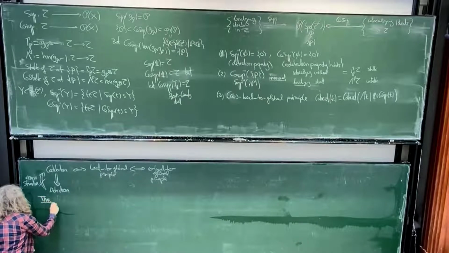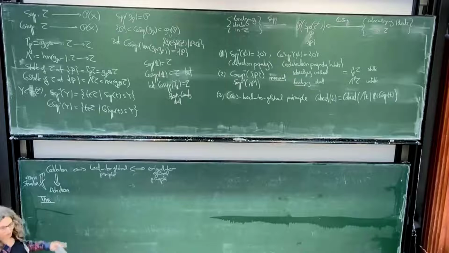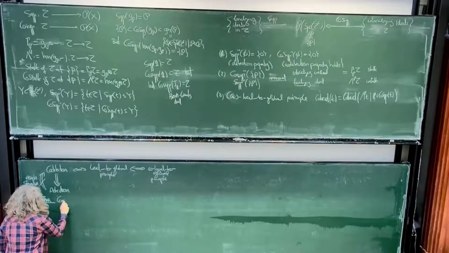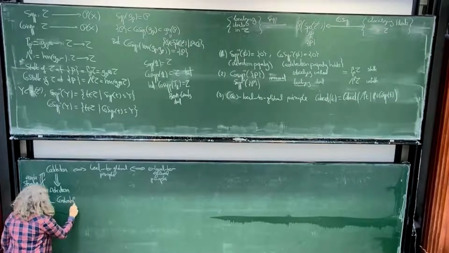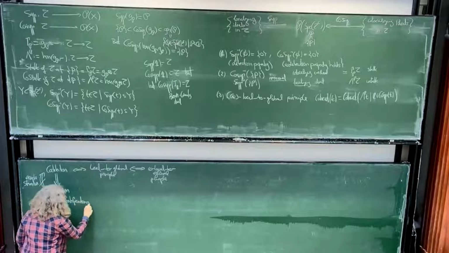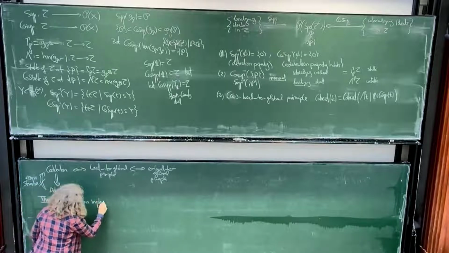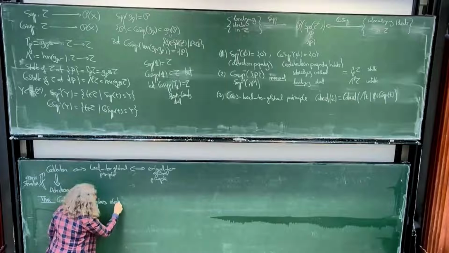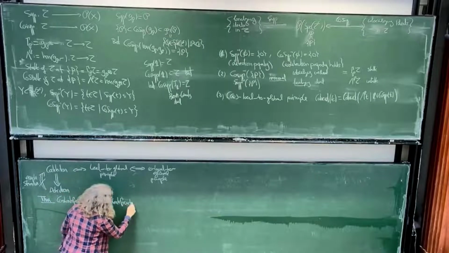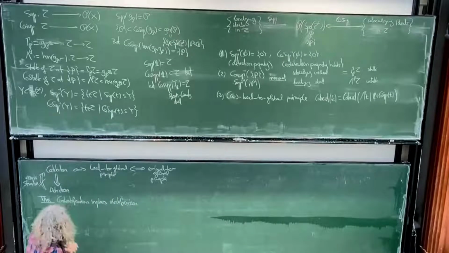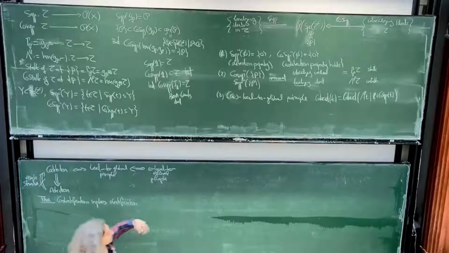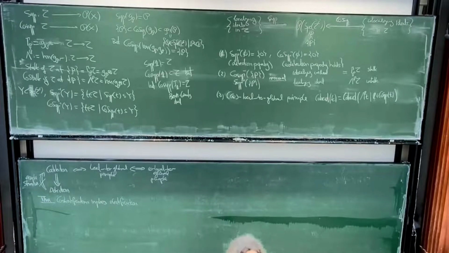An important result is that in this very general context, costratification implies stratification. And costratification means that the cosupport function gives you a bijection, and stratification means that the support function gives you a bijection.